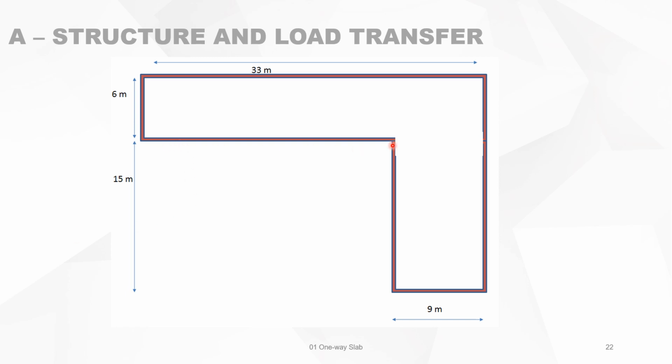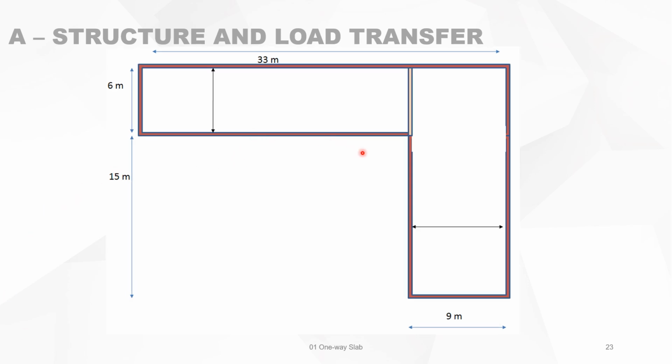This is a plan view of a building, 33 meters long, 6 meters wide, and it has an L shape. And we want to use one-way slabs because it's cheaper. It can be hollow core slabs, or precast slabs and partially precast slabs.